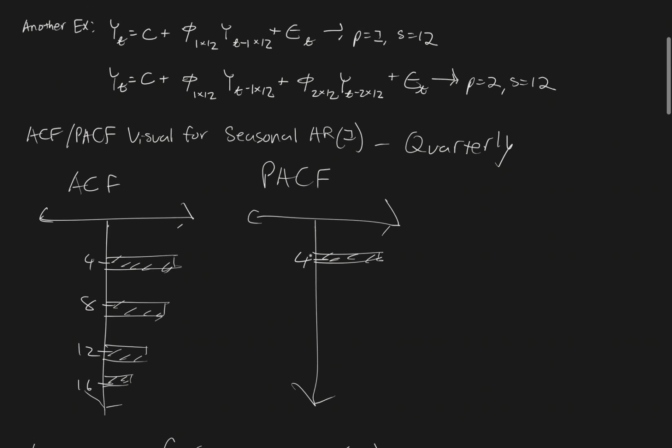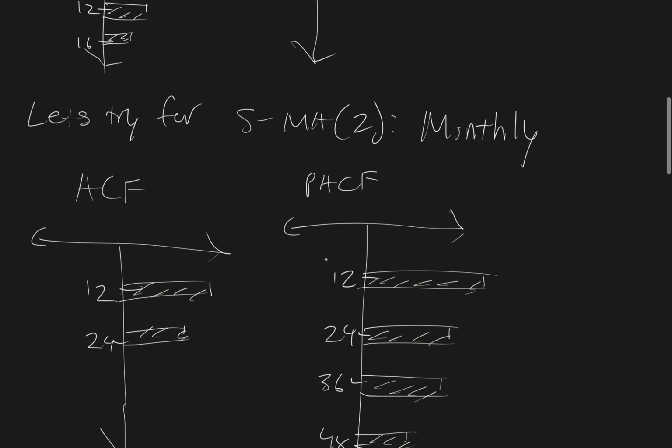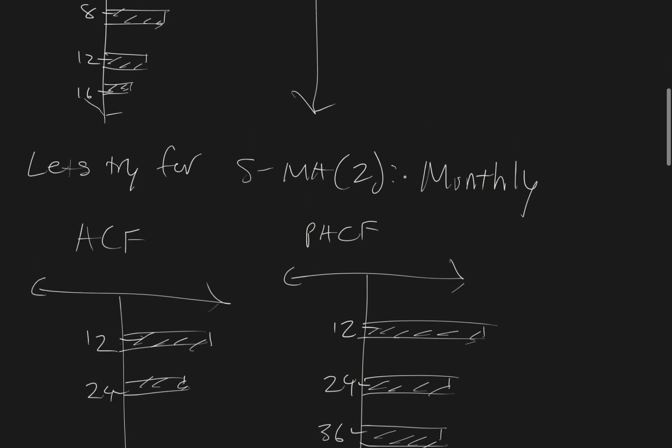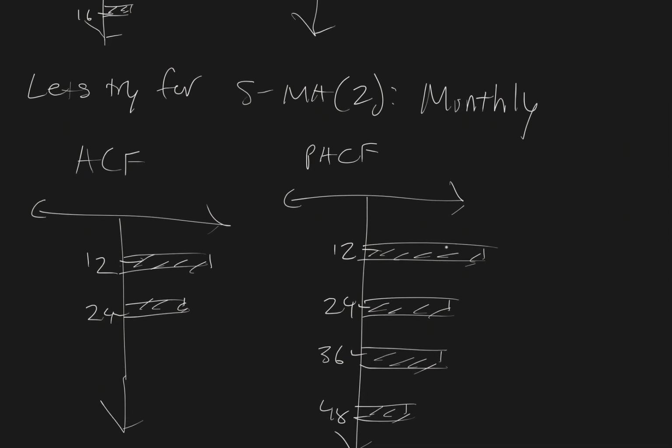All right, seasonal MA2. Let's try that. Seasonal MA2 for monthly, and so if we're using monthly, then that's every 12 months because there's a spike within a single month within every 12.